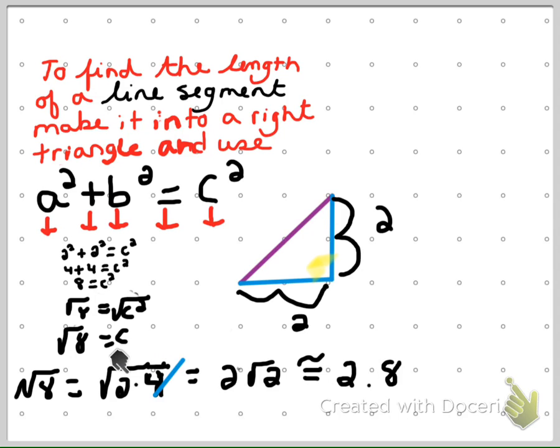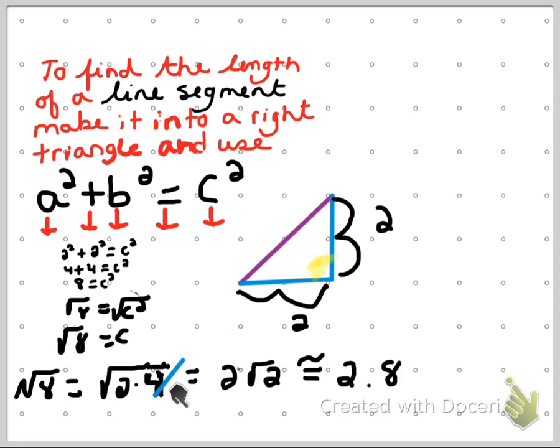Or I could simplify the square root of 8 into simplest radical form. To do that, I try to figure out what's the biggest perfect square number that can divide into 8. Well, 4 is the biggest perfect square number that can divide equally into 8. 2 times 4 is equal to 8. So here, because the 4 is underneath the square root sign, I can simplify that. I know what the square root of 4 is.